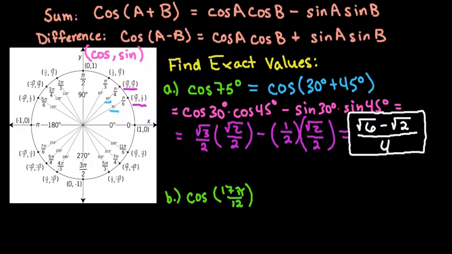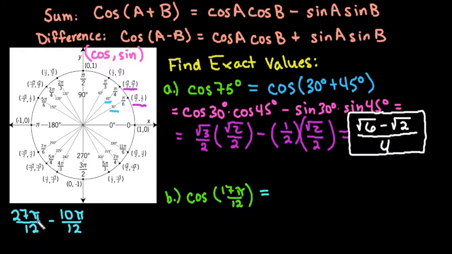All right, so now let's look at the second one. The second one that we have is a little bit harder to see because it's in radians and you have to find fractions that add or subtract up to be 17 pi over 12. The one that I chose to do is 27 pi over 12 minus 10 pi over 12, which gives me 17 pi over 12, and then I would reduce both of these because I can't find those values on my unit circle.